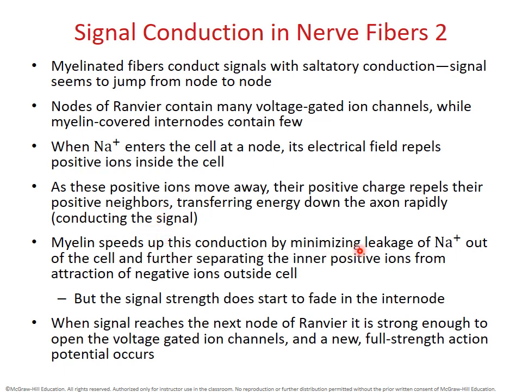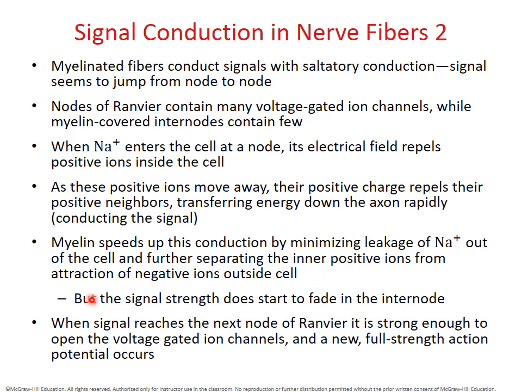So as the sodium spreads away from the first action potential, it does start to fade a little bit just because it's spreading out through a greater volume. But that fading is very minor, it's very small. So the signal strength, the magnitude of the graded potential caused by these sodium ions, does not fade very rapidly as we move away from the node of Ranvier.